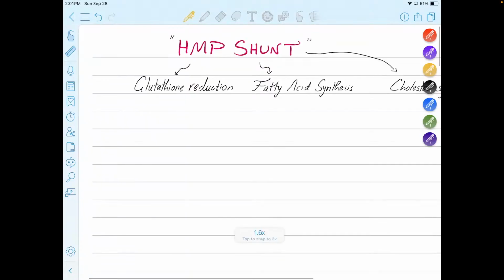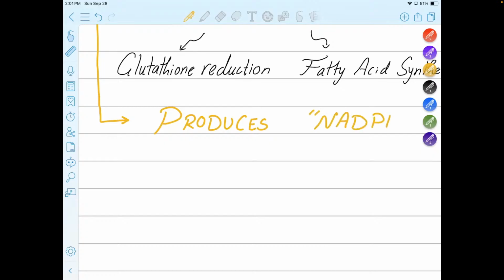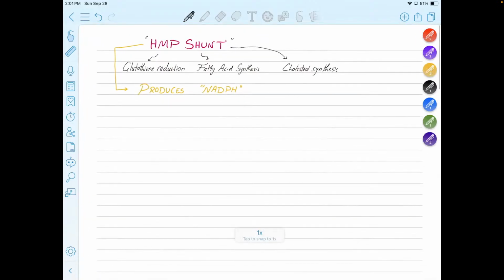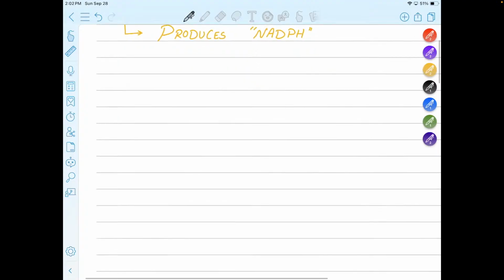This basically allows for the production of NADPH. That's the main goal, right? I hope that makes sense. Anyhow, moving forward, we don't need this specifically. We can talk about the pathway more importantly.